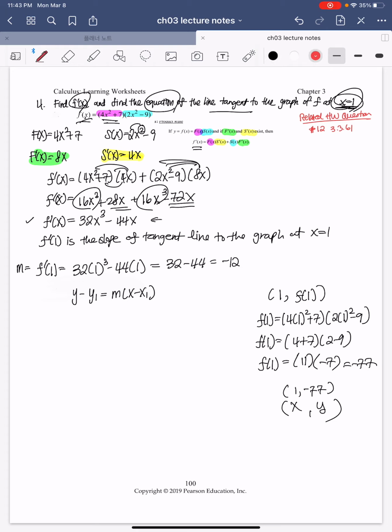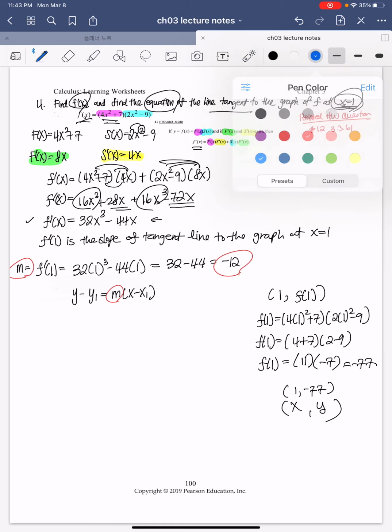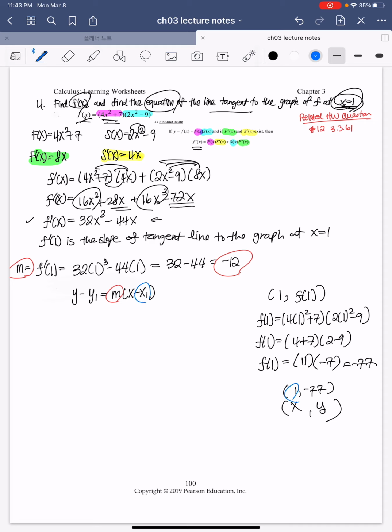We have slope m, which is negative 12. That's going to go here. We have x1, which is my point's x value, and y1 right over here. So let's plug it in. y minus y1, which is negative 77, equals negative 12 times x minus 1.